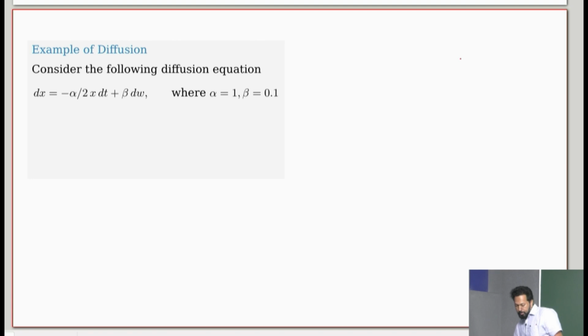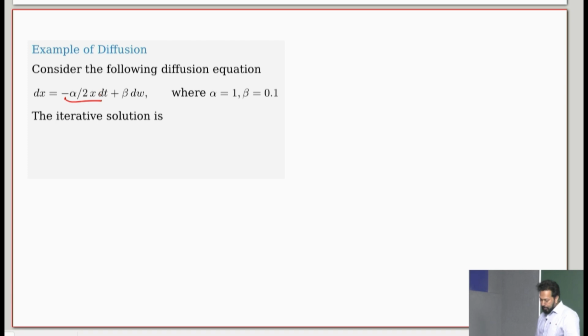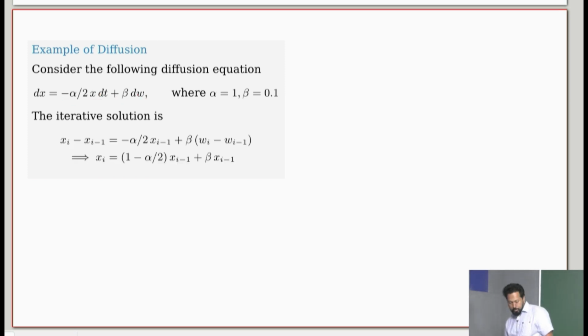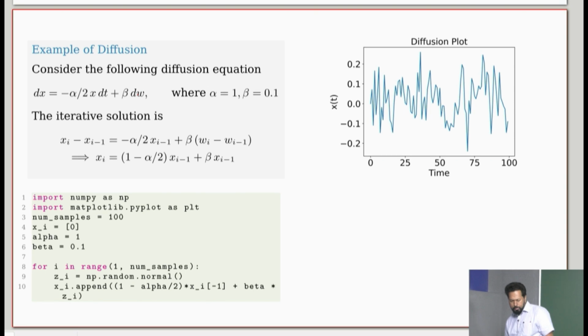Now we can make it a little bit different this time. We have also some drift term involved, which should follow minus alpha by 2 x, and we do have the usual diffusion term. The iteration is pretty much similar. If I plot this now, I have implemented these iterations after discretization, which is written here.